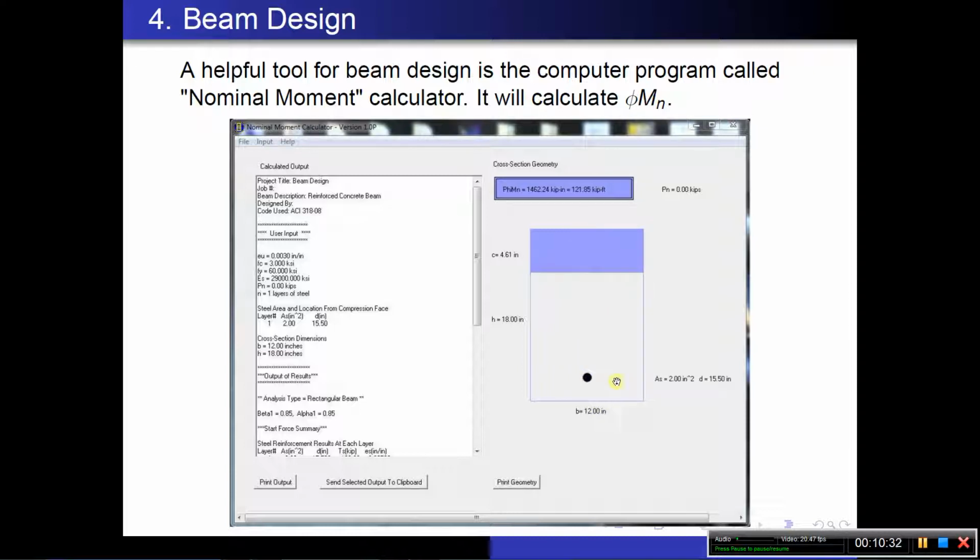It shows the total area of steel down here as a single bar, even though there may be multiple bars, it just uses a single circle for the tensile steel. And this program then, after you provide it with input, it will calculate phi mn for you. I will in another video show you how to use this more, but suffice to say that that is something that will be beneficial to you and you can take advantage of.